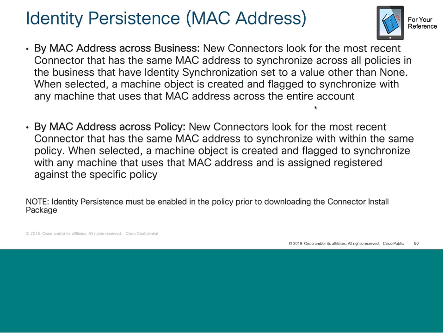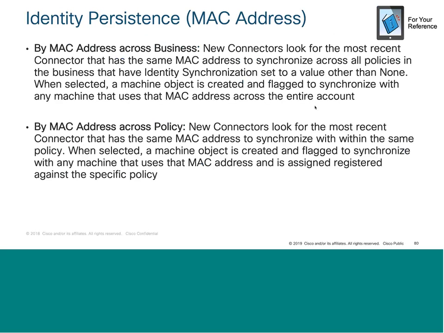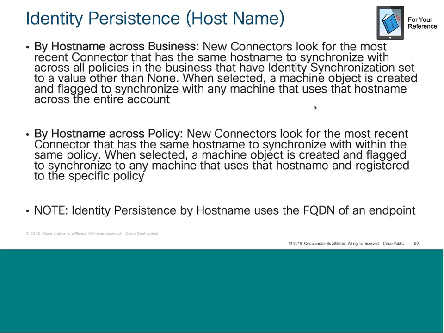There's a couple of reference slides here about the differences between MAC address across business and policy and hostname across business and policy. The one big call out that I want to flag here is that if you have a customer that is onboarding and offboarding endpoints to and from different domain environments on a regular basis, or that is absorbing new customers on a somewhat regular basis, there is a difference between the host name and the fully qualified domain name, the FQDN.